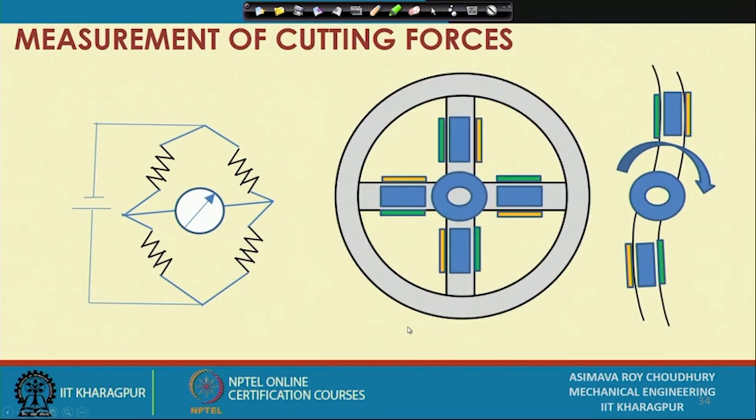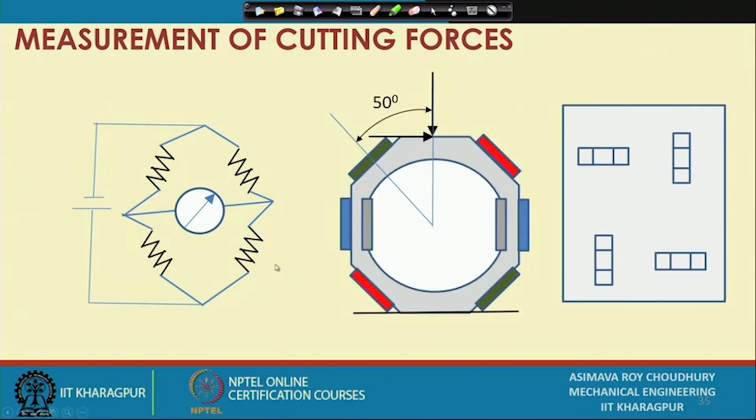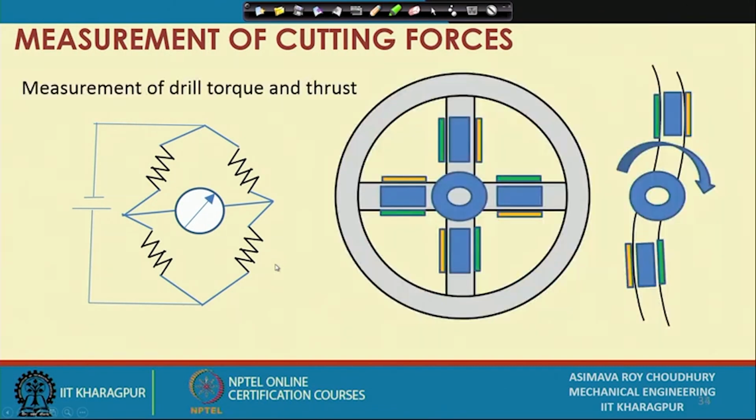In a similar fashion, we can also have drilling dynamometers. In the drill, if you have perfectly made cutting lips which are symmetric about the central axis, the forces will be balanced in the radial direction.